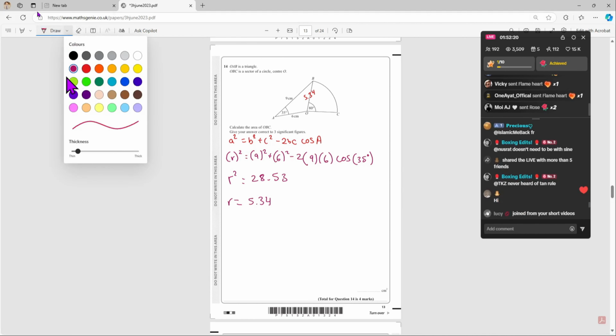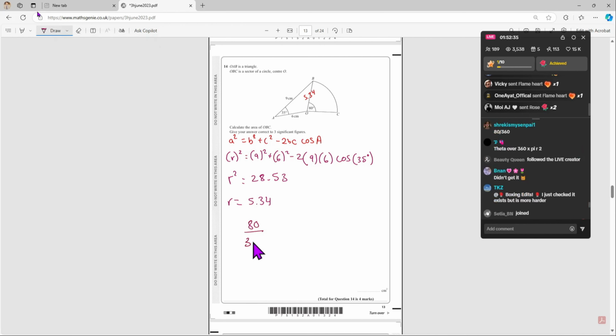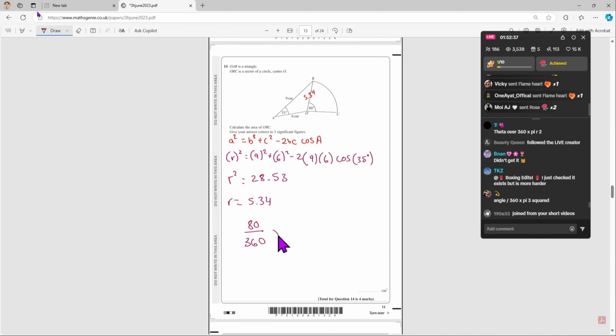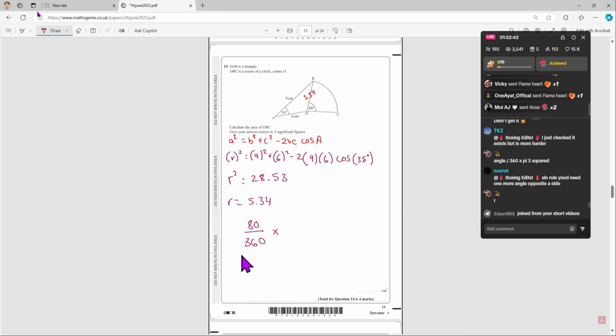So what we need to do is 80 degrees. We know that in a circle, angles around a point add up to 360 degrees. So we have to do 80 over 360 times the area of a circle in total, and the area of a circle is pi r squared.